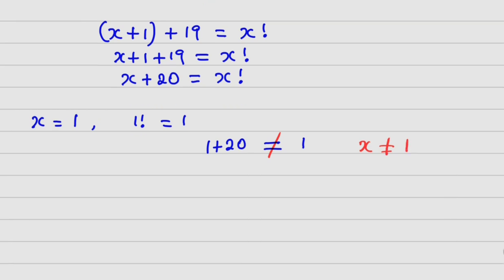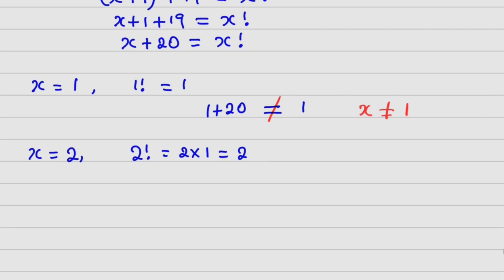I will now test 2. Let x be equals to 2. Now, if x is 2, 2 factorial will be 2 times 1, which is equals to 2. So let me test x being 2, 2 plus 20. Is it equals to 2 factorial? That is 22. Is it equals to 2? Never, it is not. So we take it off.